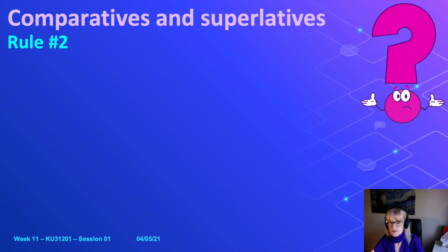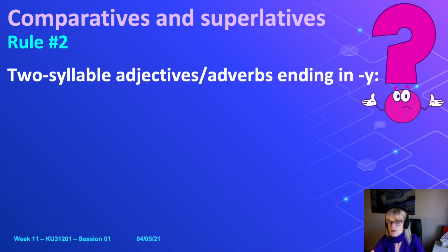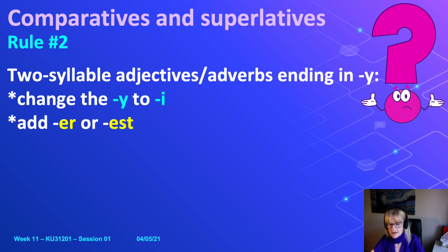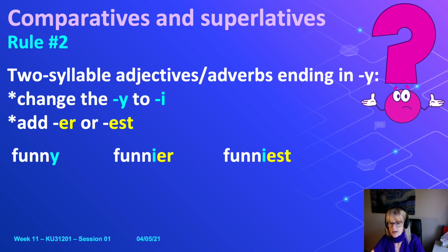Our second rule is for two-syllable adjectives that end in Y. So that would be words like funny that we already used. When it ends in Y, we have to change the Y to an I, and then we use the same rules. We add ER or EST. So let's look at our example again.